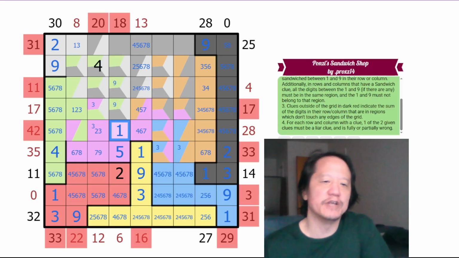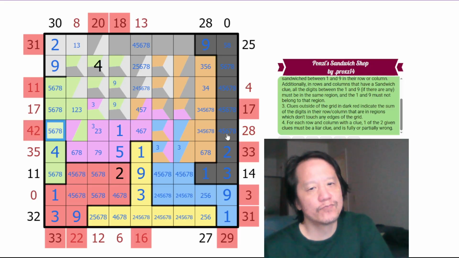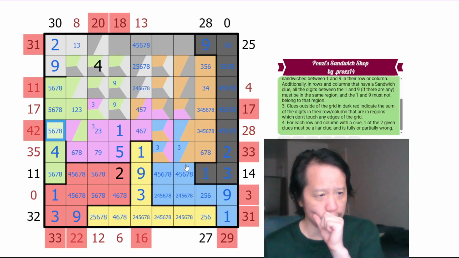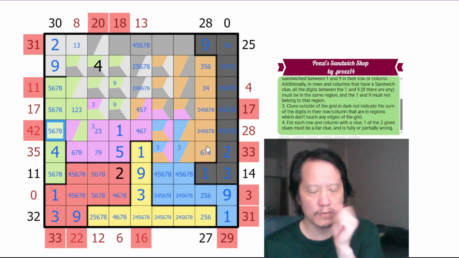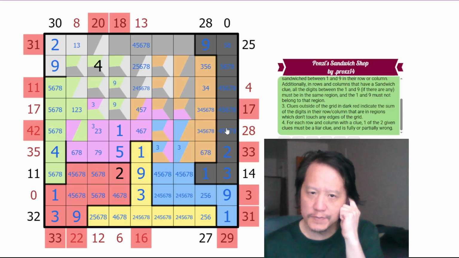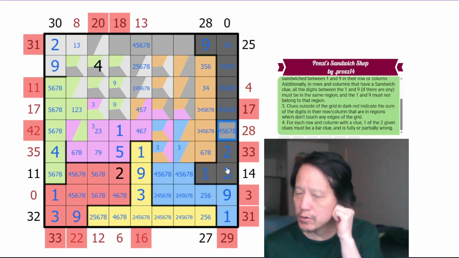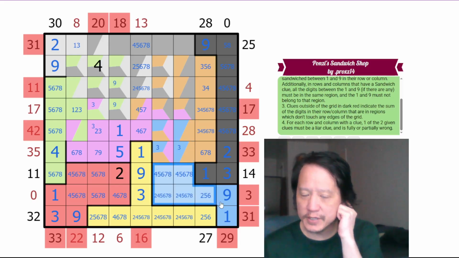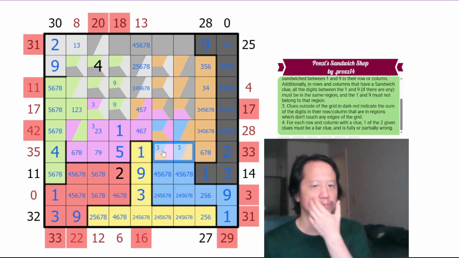Can you ever have an 8 on the outside? We have 3 digits here. We know the blue can't be anything less than 4, and the blue cannot be 2 or 3 because we have a guaranteed 2 here in the blue region, and a guaranteed 3 here in the blue region.